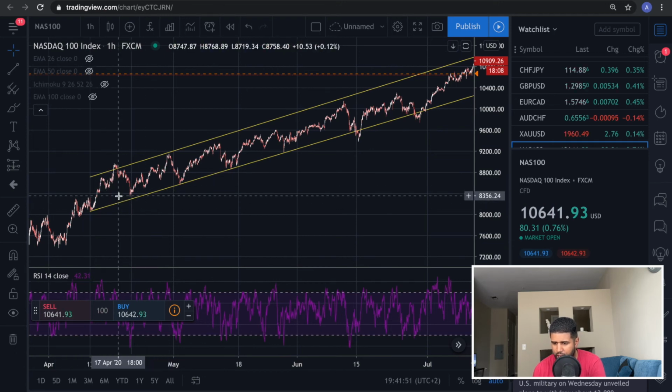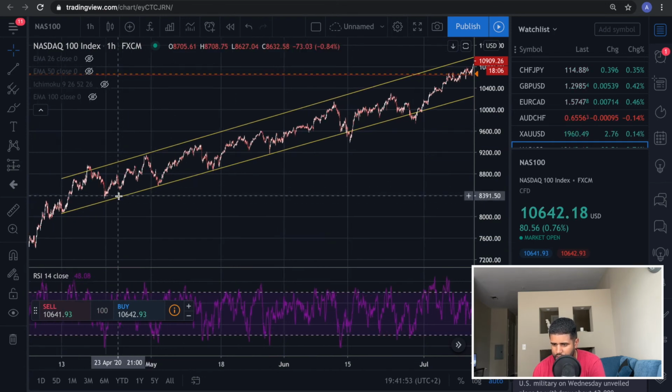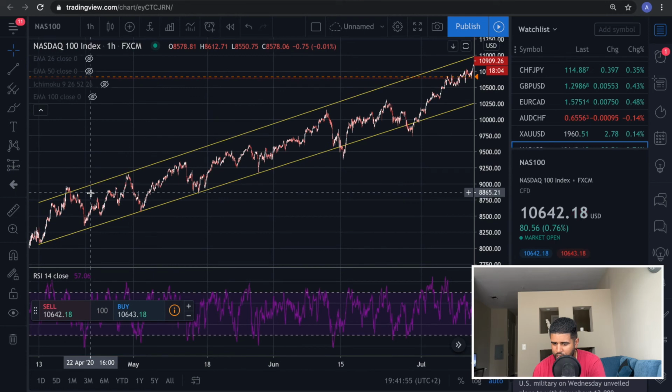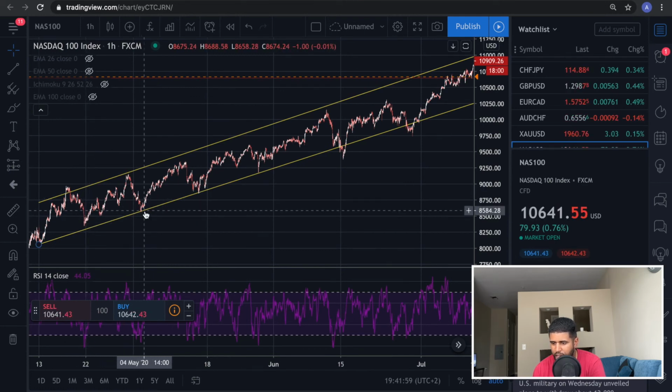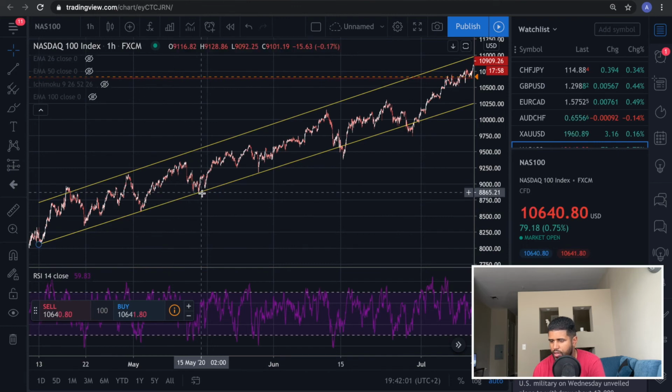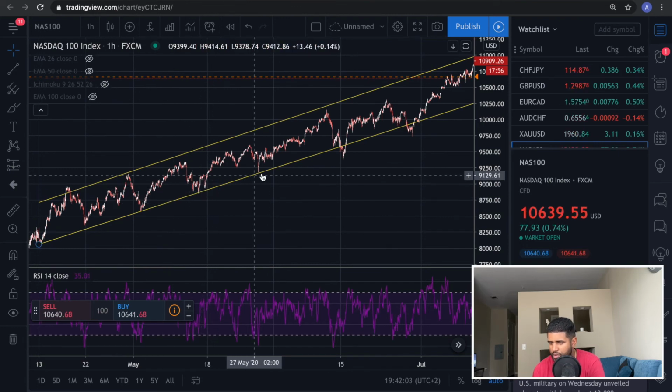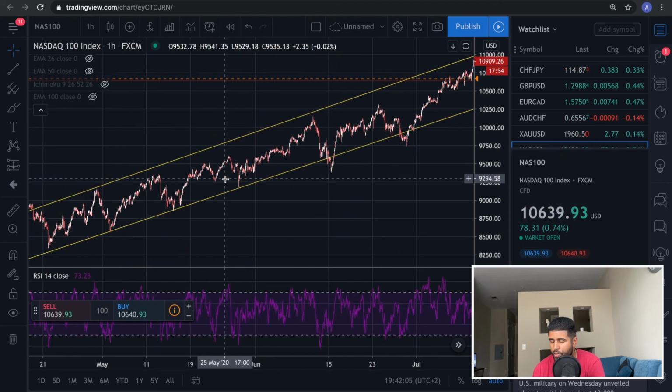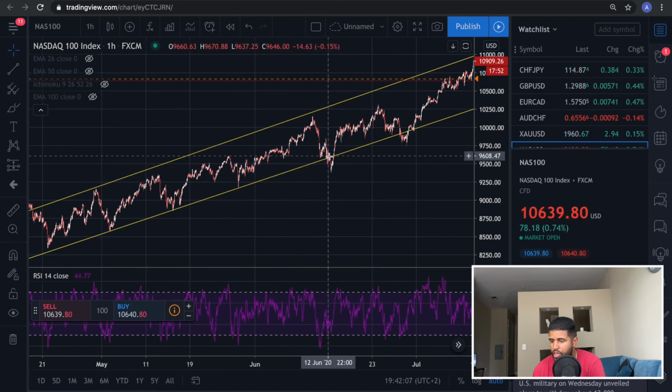So on the hour, you can see a lot better how precise it is, how it respects it. Look how good it respects this trend line. Look how good it respects this trend. It broke through right here, but look, comes up into profit.